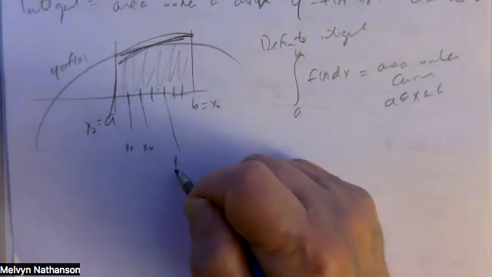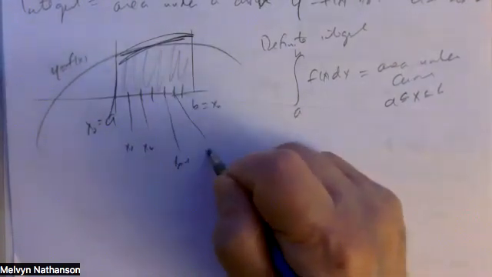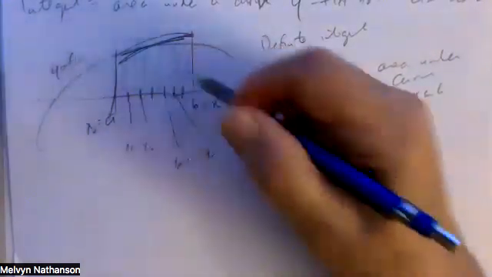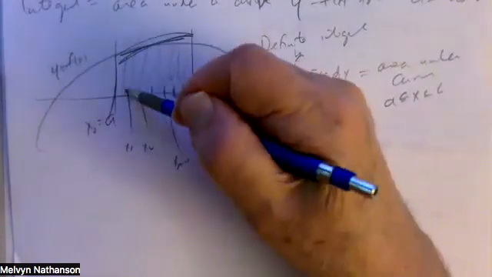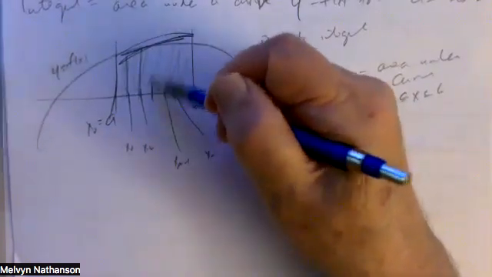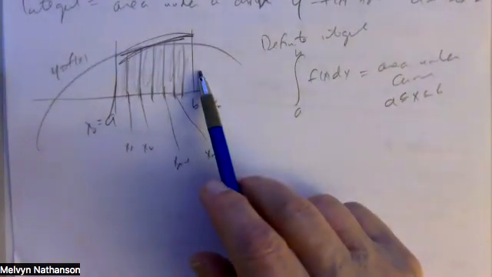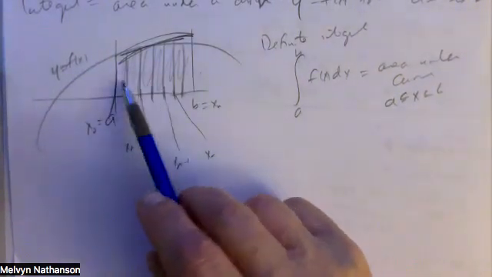Here you might have x_{i-1}, x_i. You have each of the subintervals. If I break this area up into n different slices, the area under the curve is the area of each piece, and you add them up.